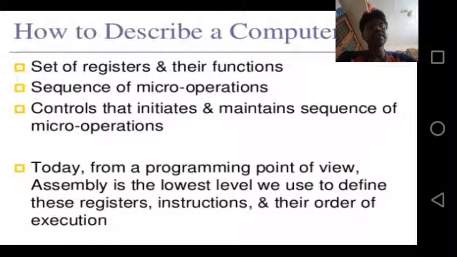To describe a computer we use a set of registers and their functions, the sequence of micro operations, and the controls that initiate and maintain the sequence of micro operations. What are the controls? What are the control signals?